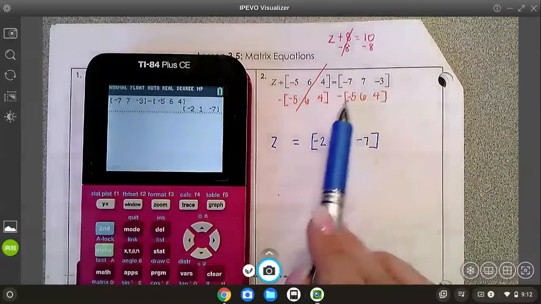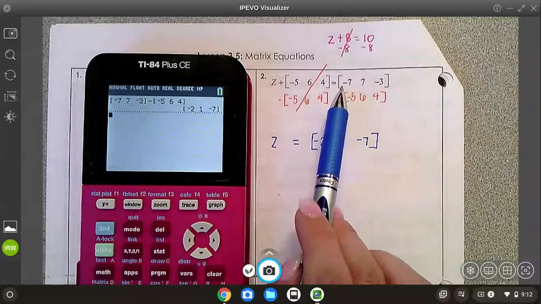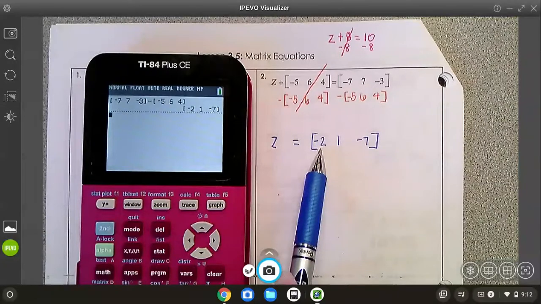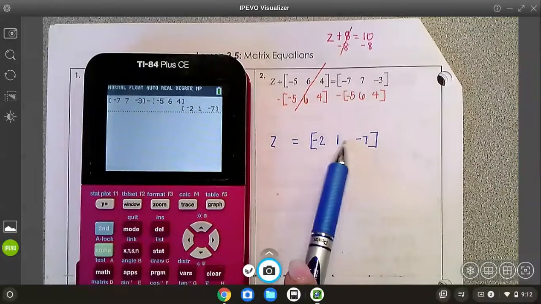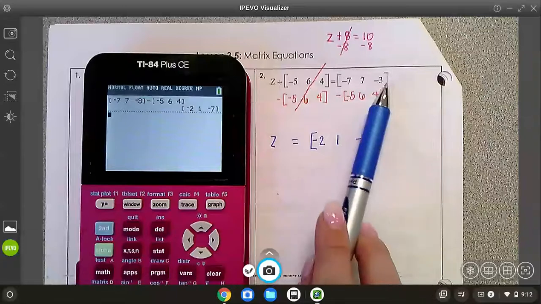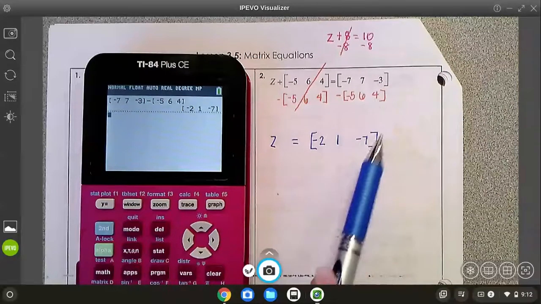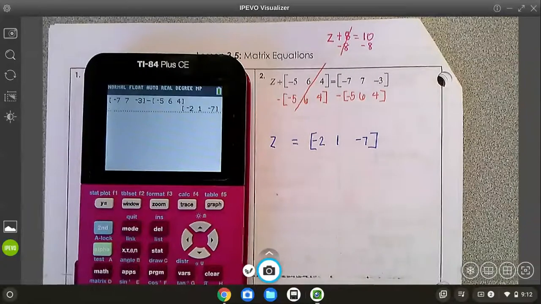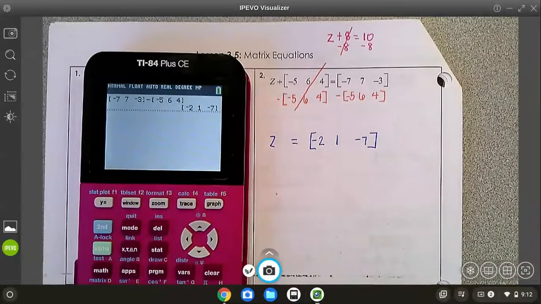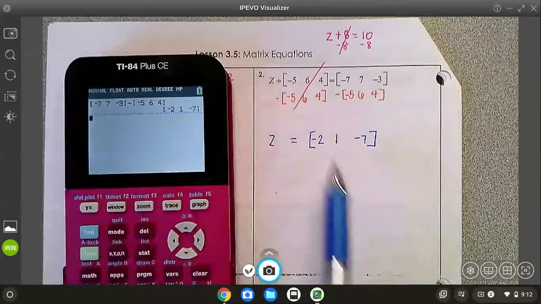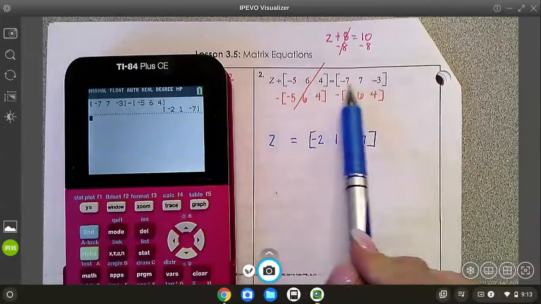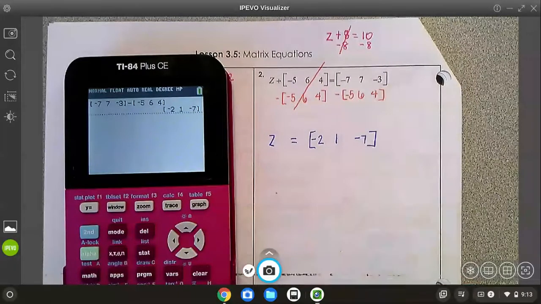Or you could have just done the subtraction separately. Negative 7 minus negative 5 is negative 2. 7 minus 6 is 1. Negative 3 minus 4 is negative 7. Either way. And we could check. I could retype this one plus this one to see if it does give me this last one.